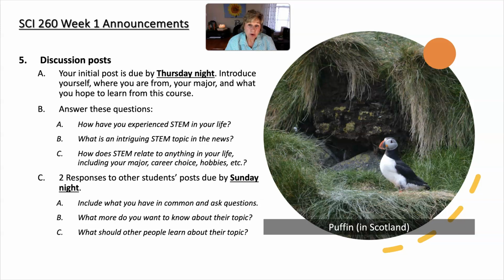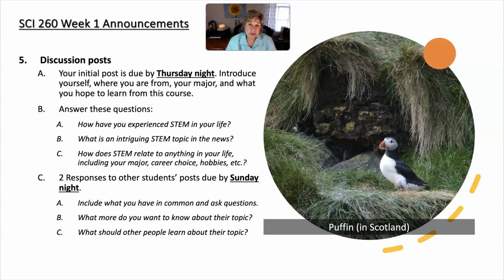All right, and then you are going to respond to 2 of your classmates, and these posts, 2 of them now, are due by Sunday night before midnight. What do you have in common? Ask them some questions. What do you want to know about their topic? And what should other people learn about their topic?